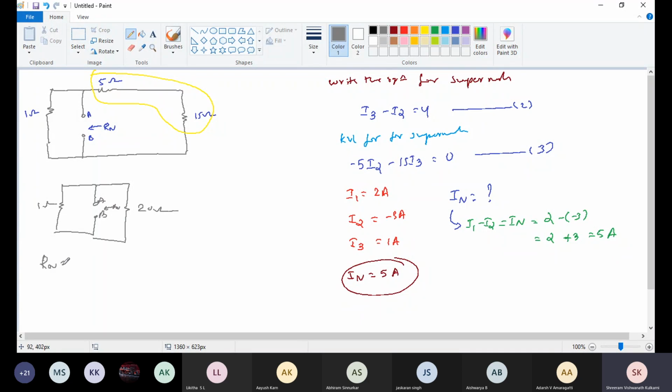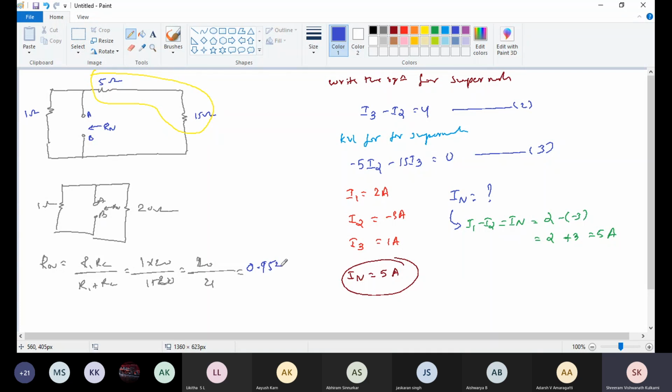So my Rn equals R1 R2 divided by R1 plus R2, that is 1 times 20 divided by 1 plus 20. 20 divided by 21, how much? 0.952. 0.9523, sir.